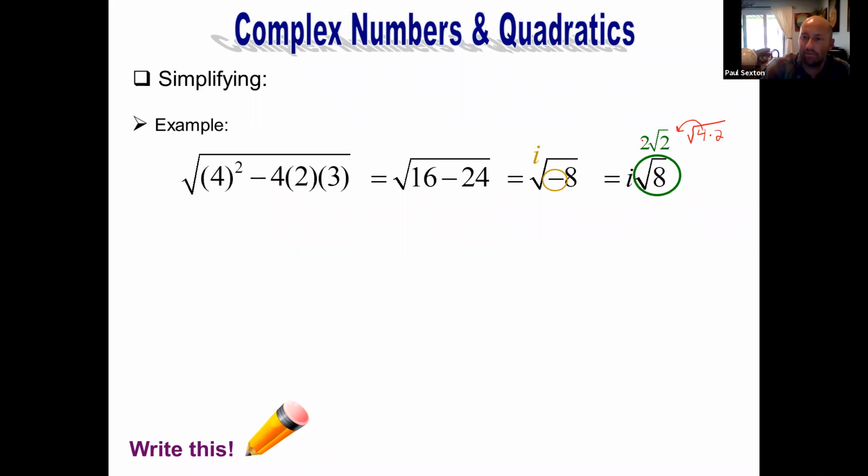That's what that 2 came from. So my answer is 2 radical 2 i. You always want to put the i on the other side of the number. The radical doesn't extend over the i.